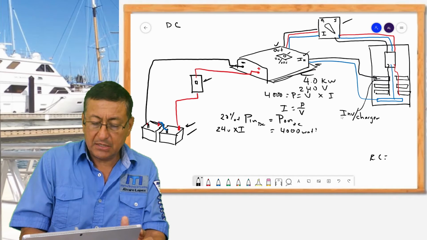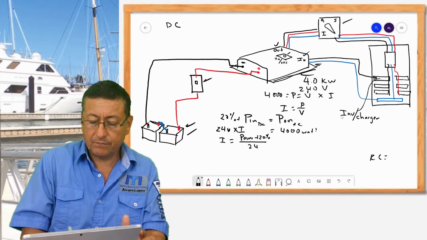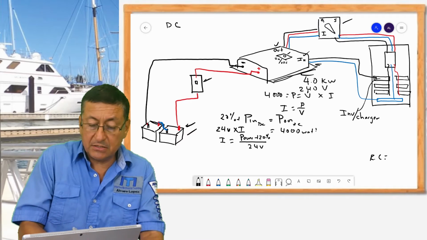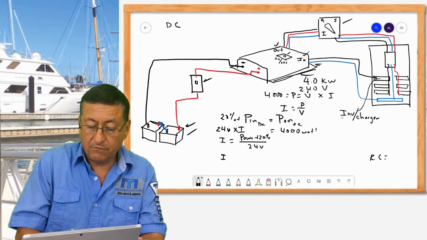In that case, 24 volts times the intensity should be equal to the power plus 20%, divided by 24 volts. The power, 4000 watts plus 20% is 4800 watts, divided by 24.